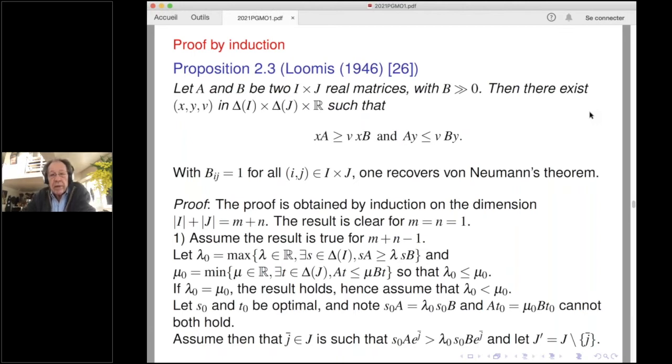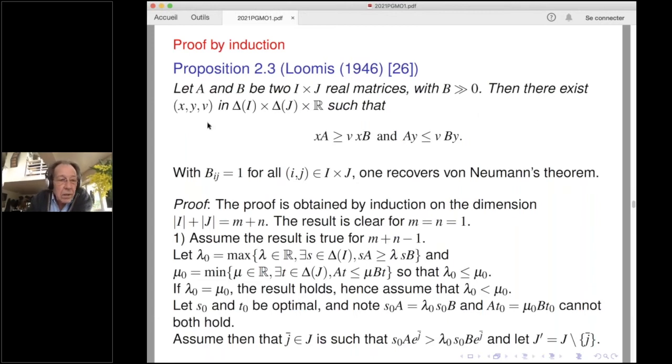It's very elementary and I like it very much. So Loomis was also a student of von Neumann, and it goes back to '46. You have two matrices, assume the same size, and the matrix B has all strictly positive entries.